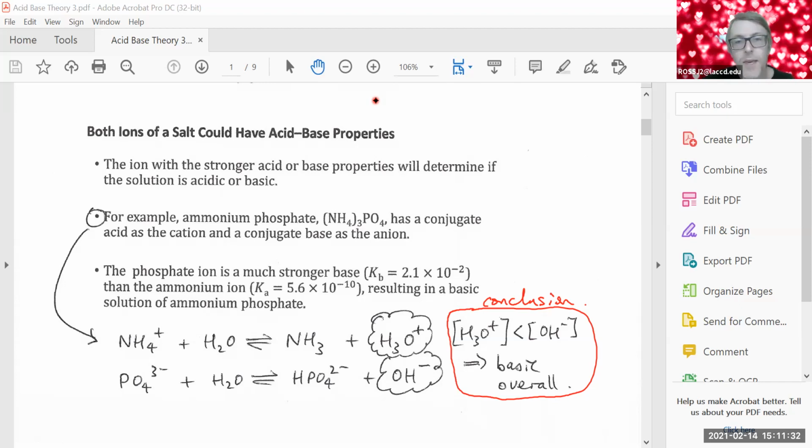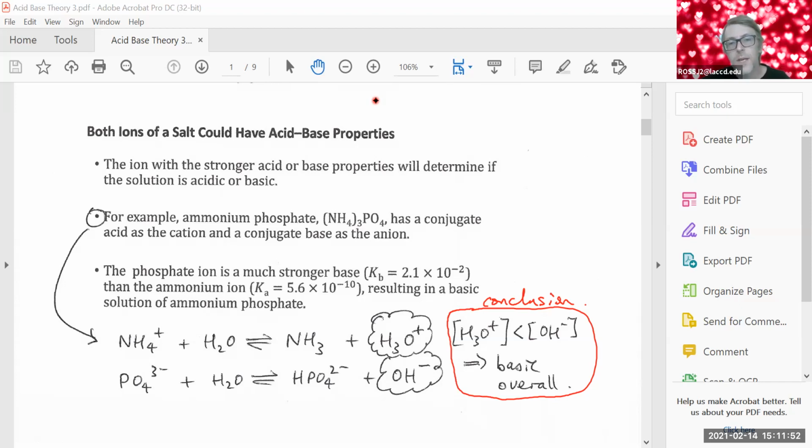Now, looking at the K values, we're told here a priori that the phosphate ion is a stronger base than the ammonium ion is an acid. So the Kb value for the phosphate is a greater number than the Ka value for the ammonium.